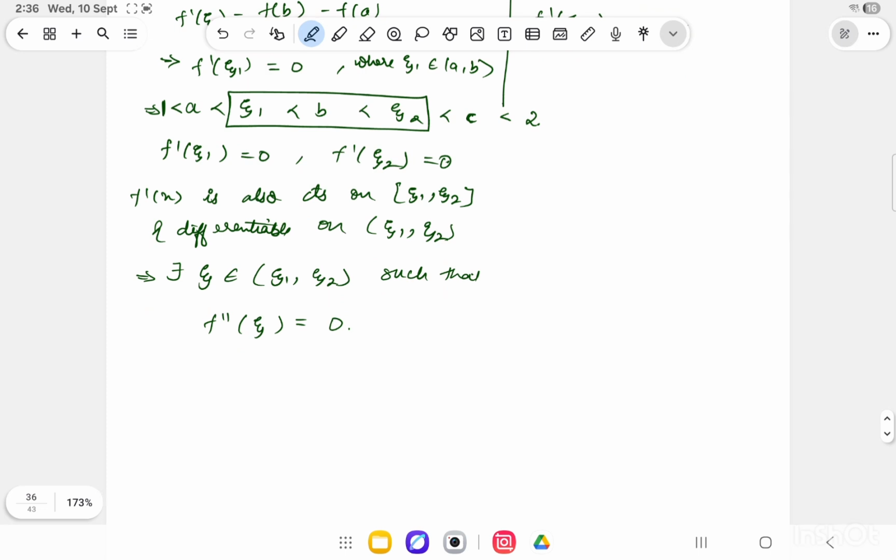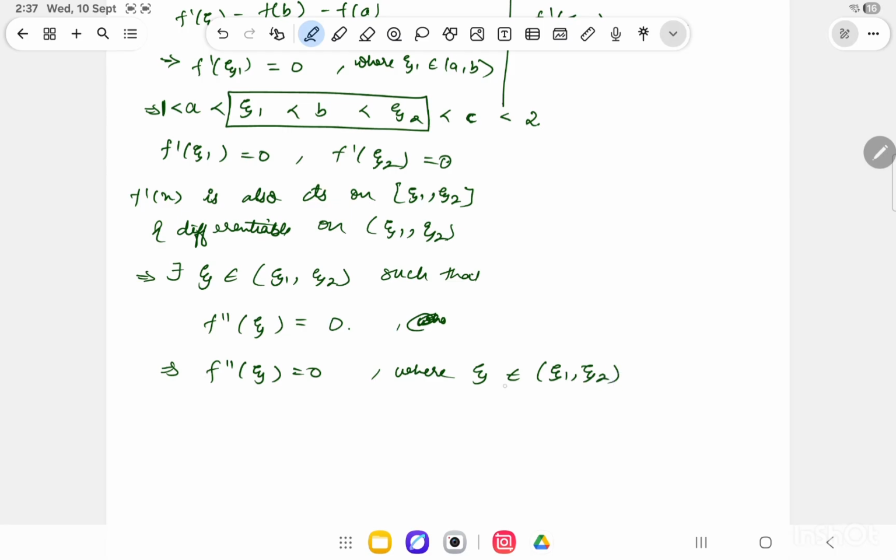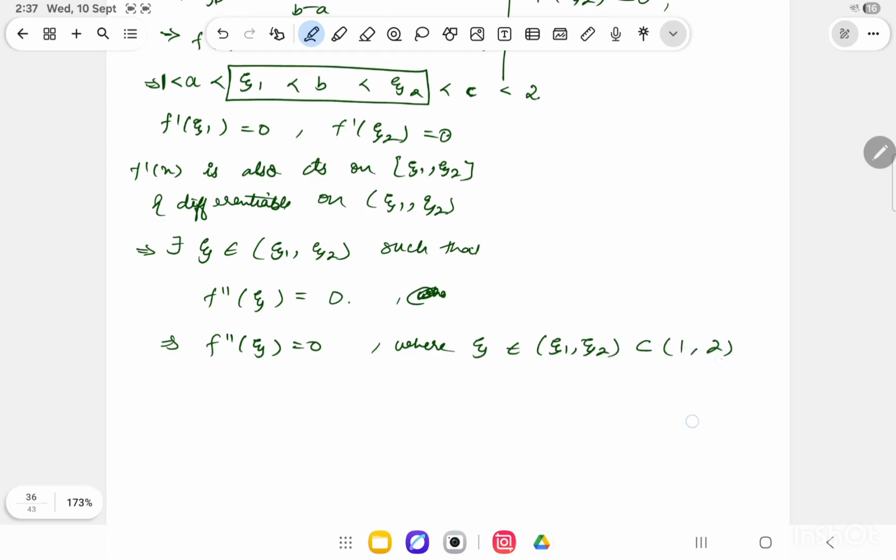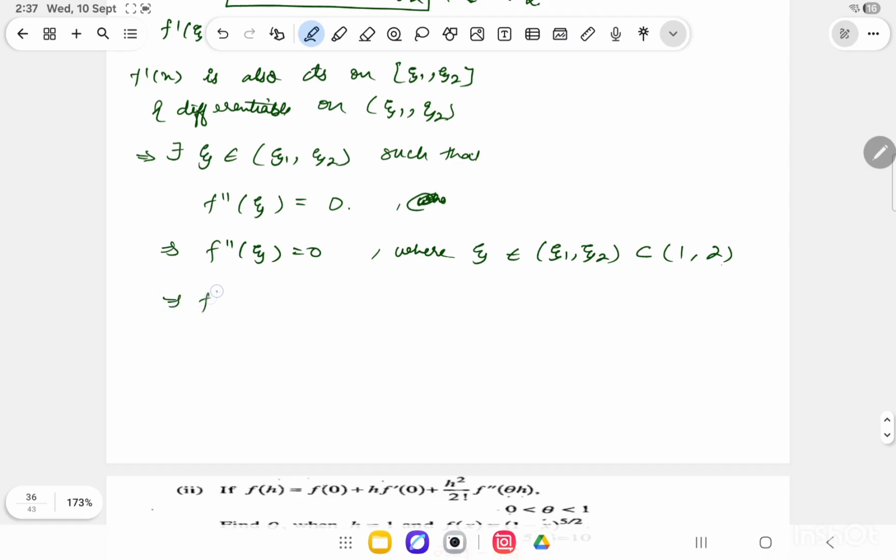Yeah, so I basically got f''(xi) is equal to 0, where xi is somewhere in the open interval (xi1, xi2). But the open interval (xi1, xi2) is basically a subset of the open interval (1, 2). So I got f''(xi) equal to 0, where xi is in the open interval (1, 2).